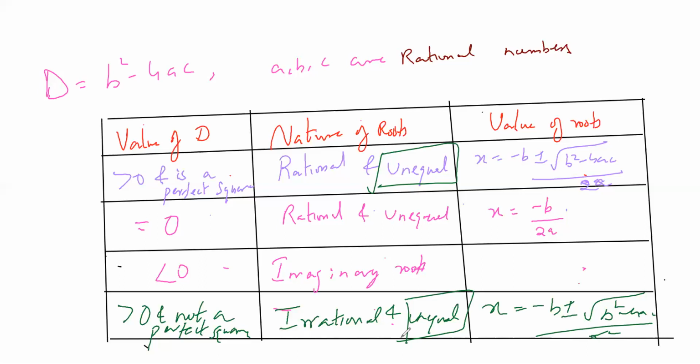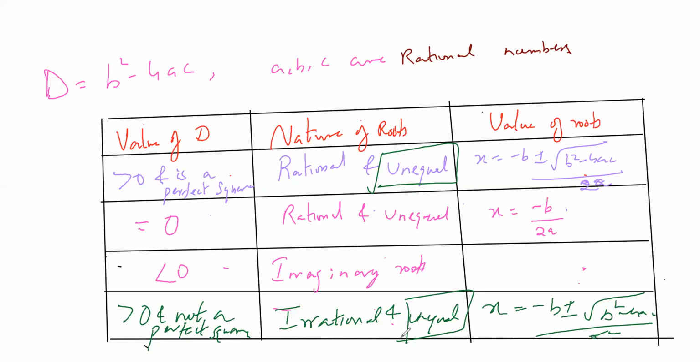Okay, please copy. So guys, perfect square means rational, not a perfect square means irrational. Non-perfect square means irrational.